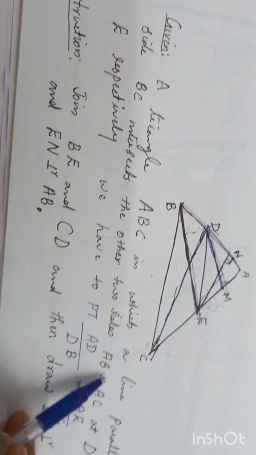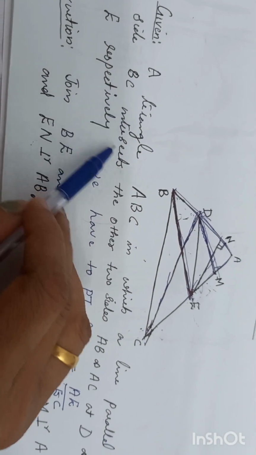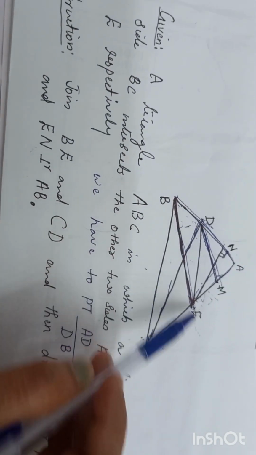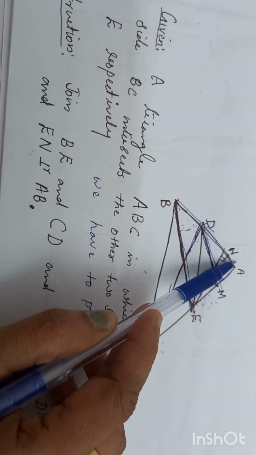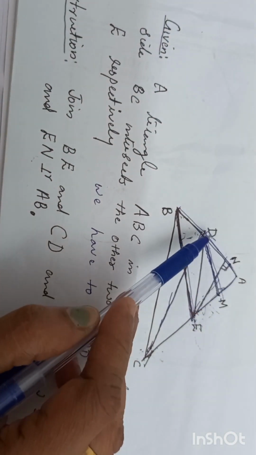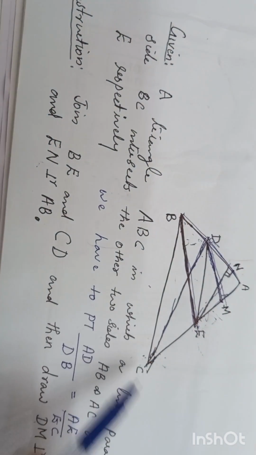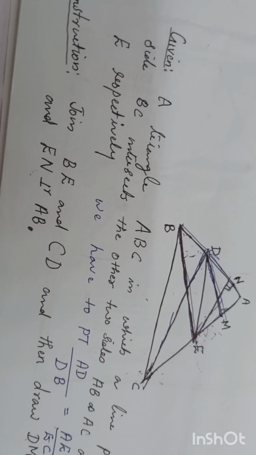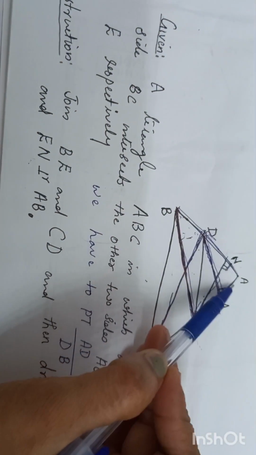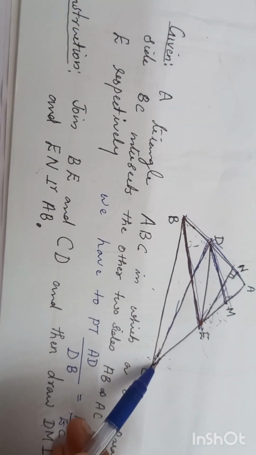In triangle ABC, a line parallel to side BC intersects the other two sides AB and AC at D, E respectively. We have to prove that AD by DB is equal to AE by EC.